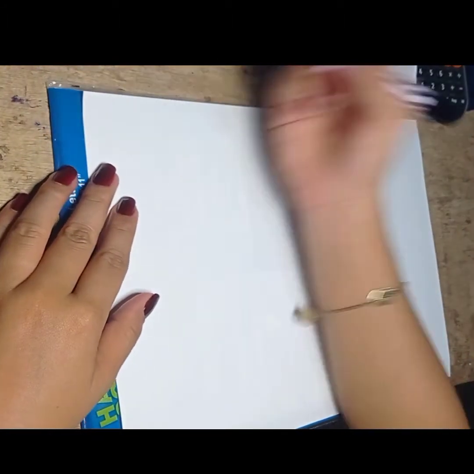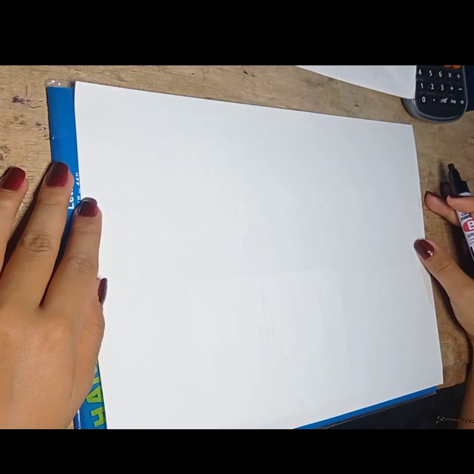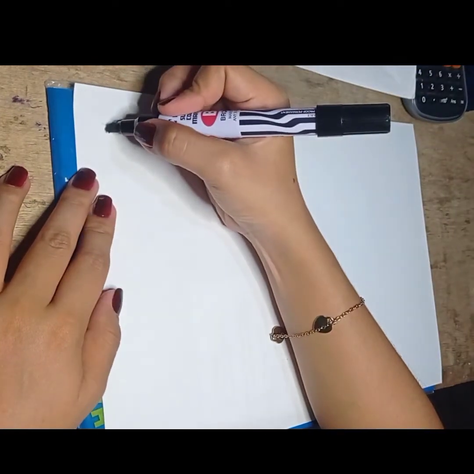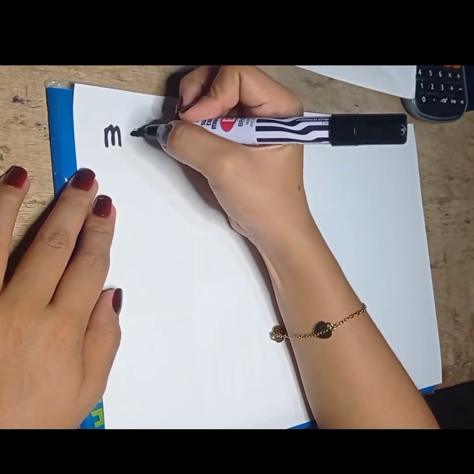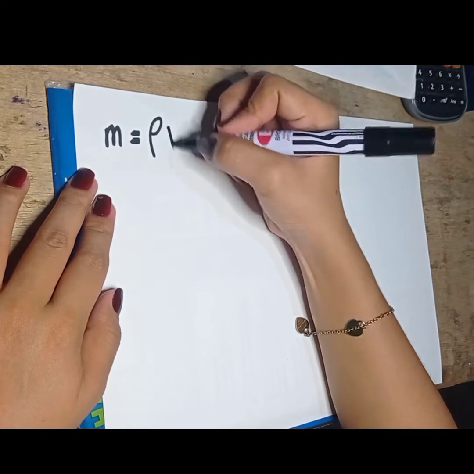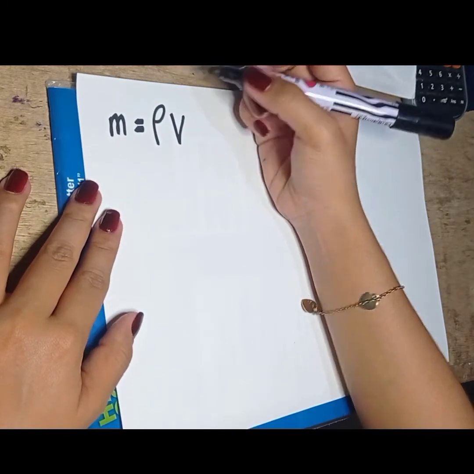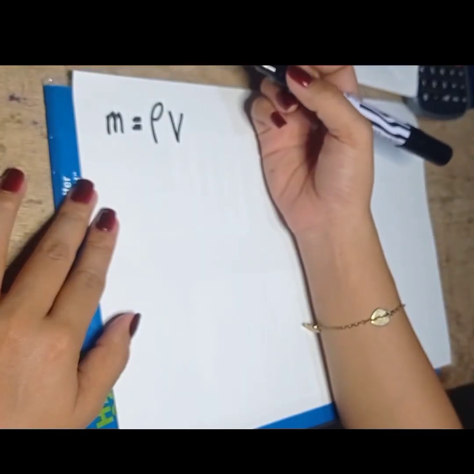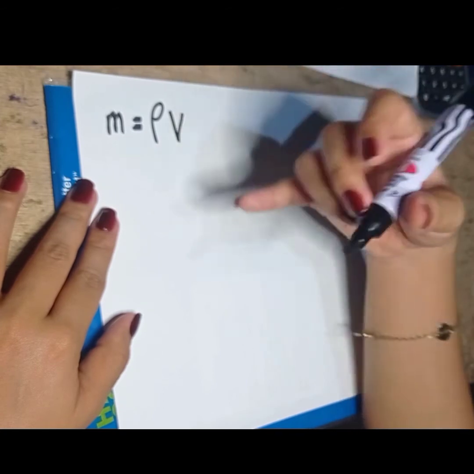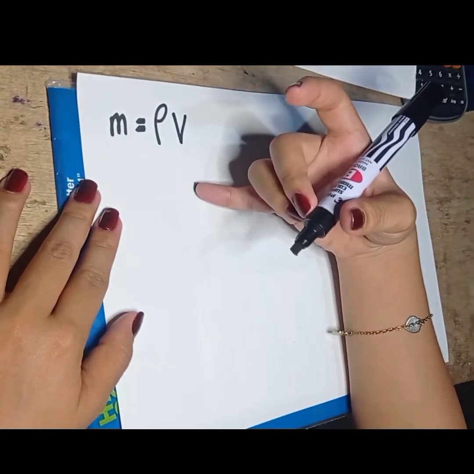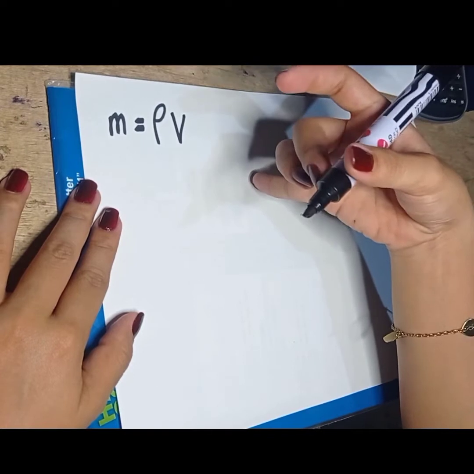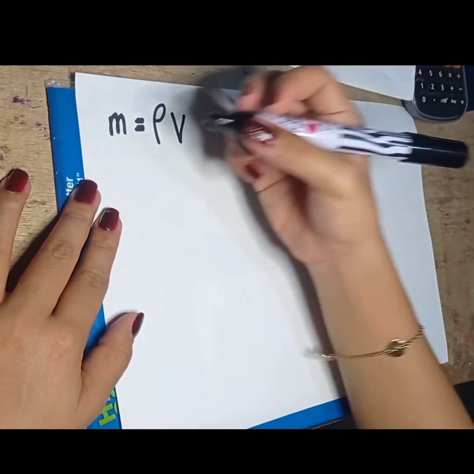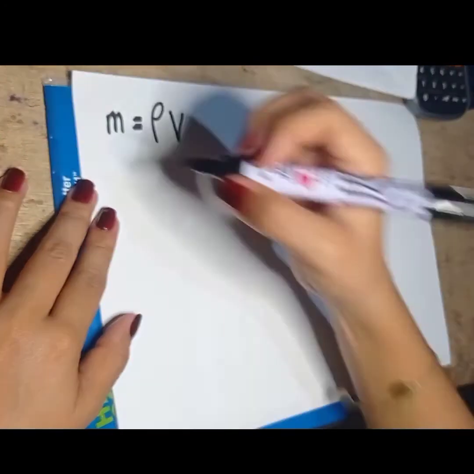So, for the formula, I will be using mass is equal to density times volume. Since there are no given values in the problem, we will first get the volume of both spheres, the lead sphere and the aluminum sphere.